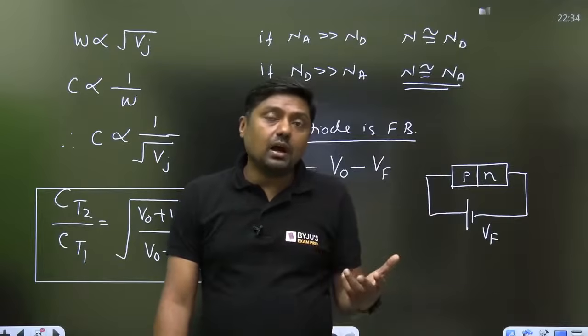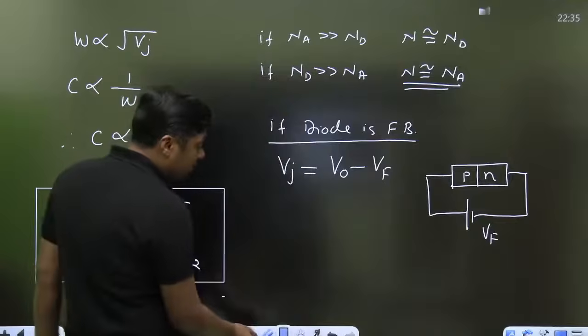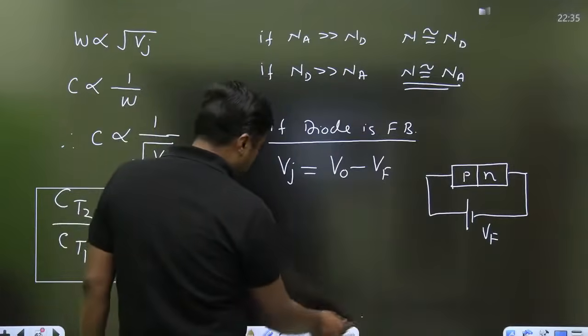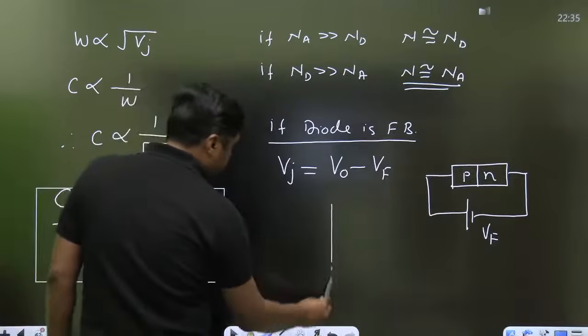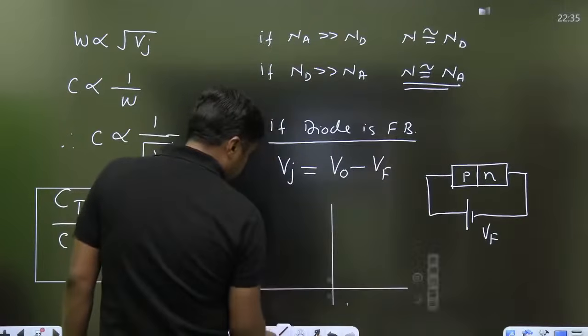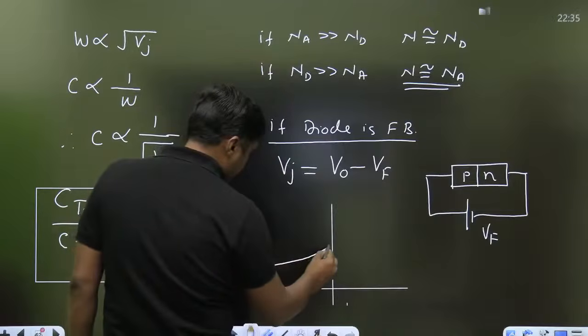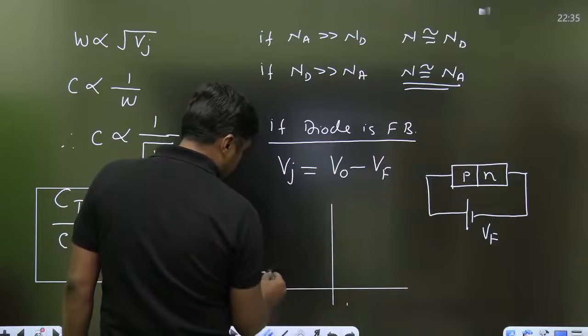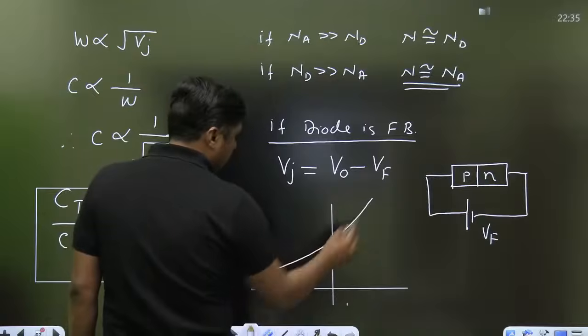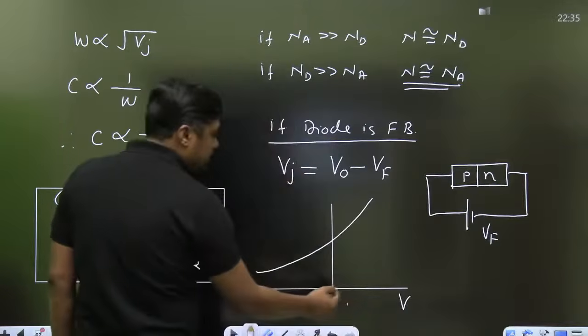And when we make it forward biased, the capacitance will increase, and that's why we get this type of curve. This is the applied voltage, forward bias on one side, reverse bias on the other.